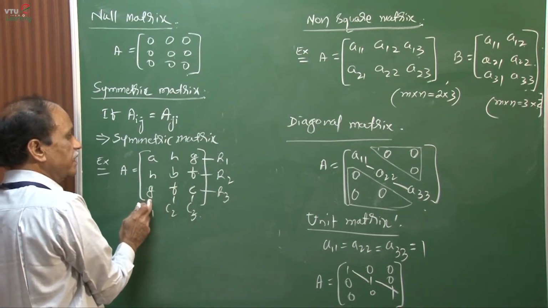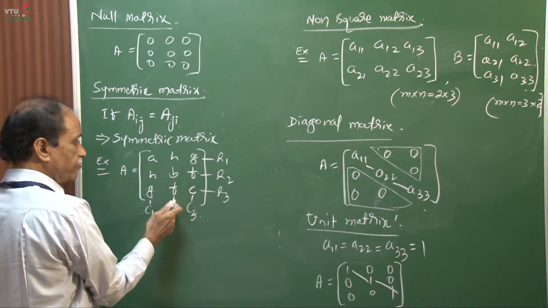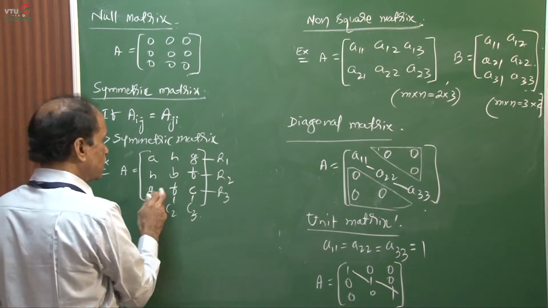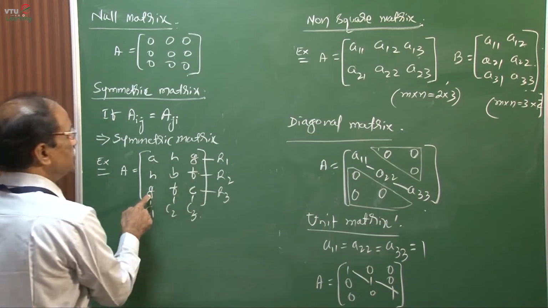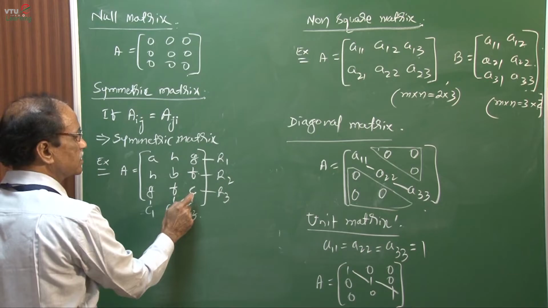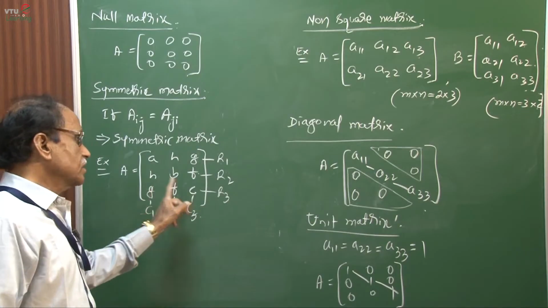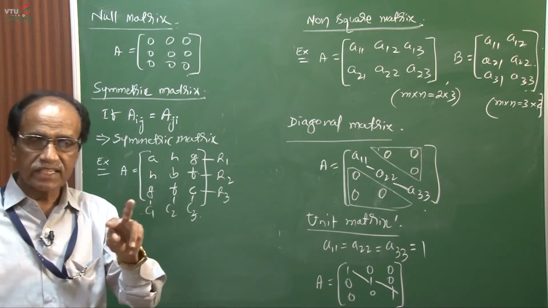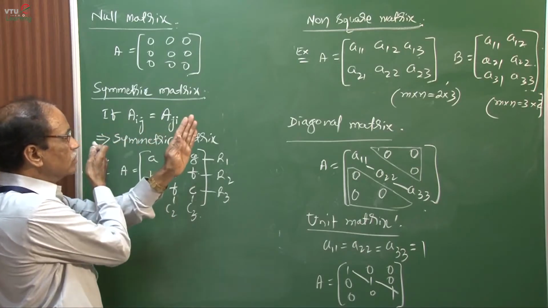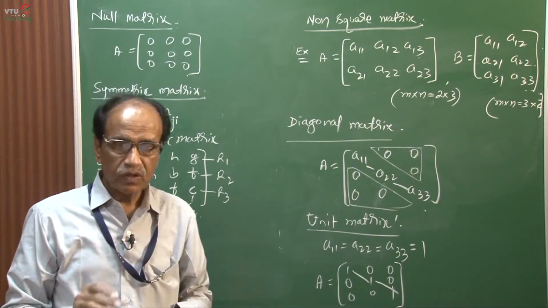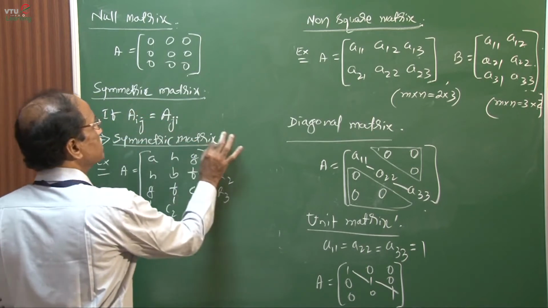A H G will come as A H G only, H B F will be H B F, it will be same, and G F C, G will come here and F will remain here and C will remain in the third row, that is the last element. Therefore, you have to interchange the rows and columns, then if the matrix remains the same, we call it symmetric matrix.